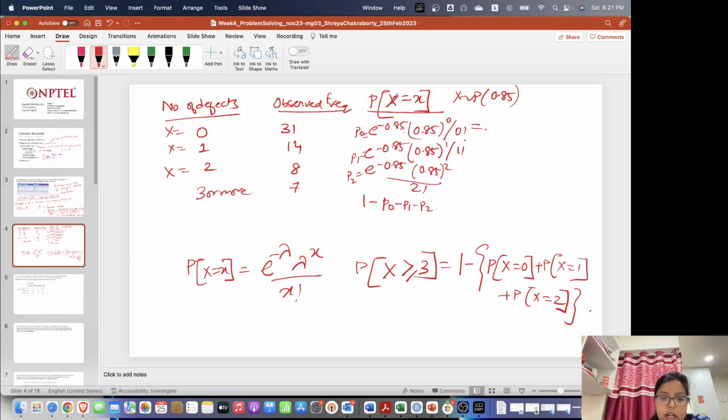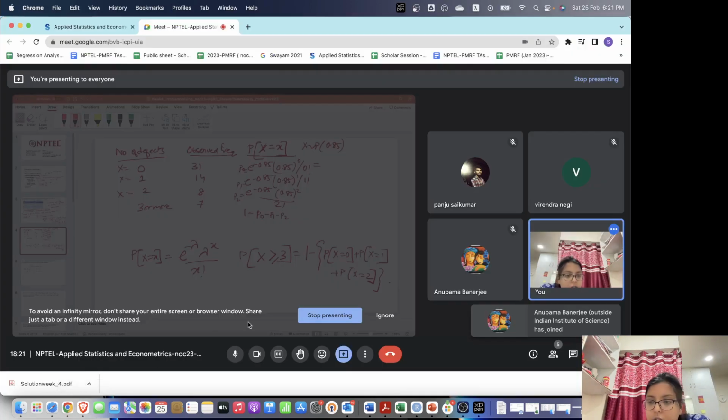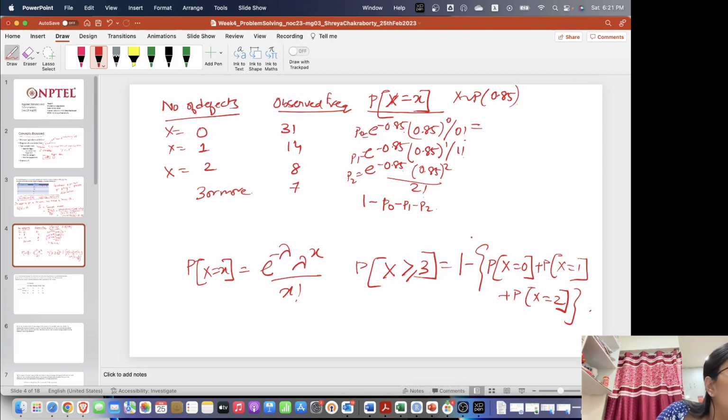So what are the values? What are you getting here? Please calculate and let me know. P0 is, is it 0.36 something? It should be somewhere around 0.42.